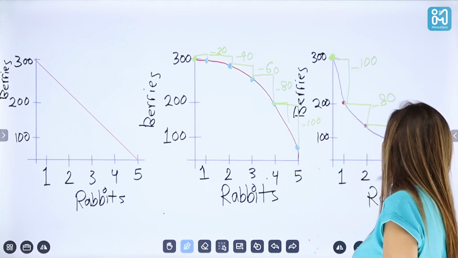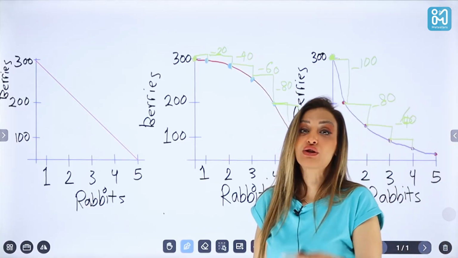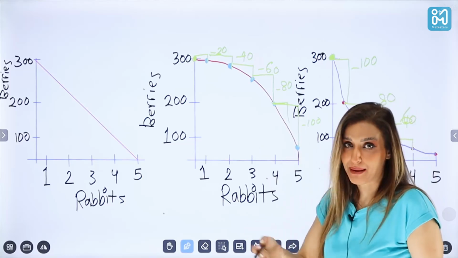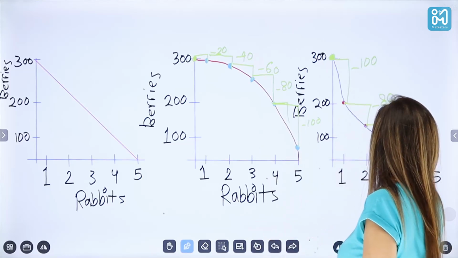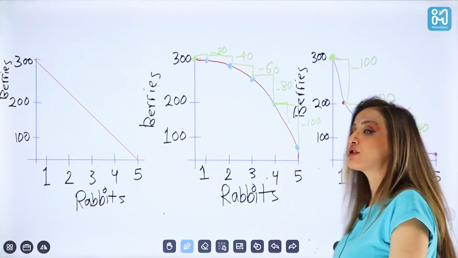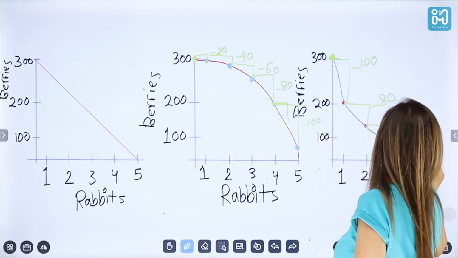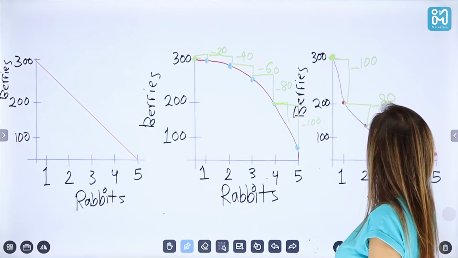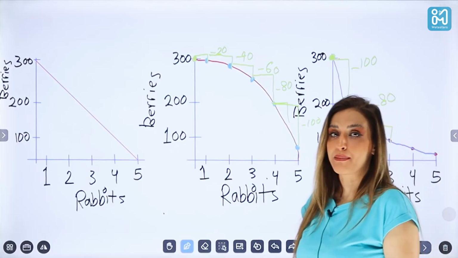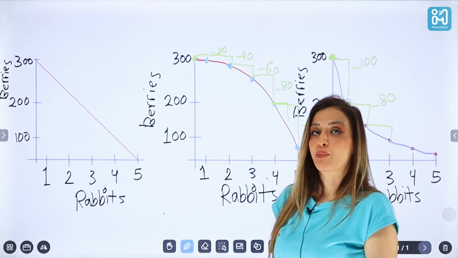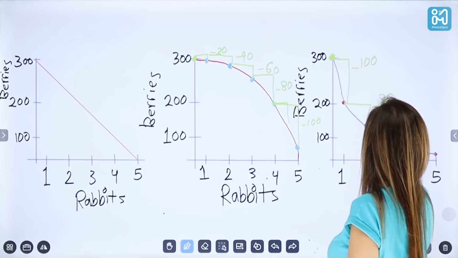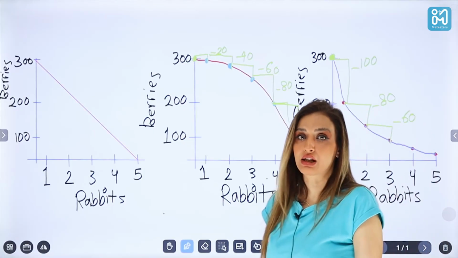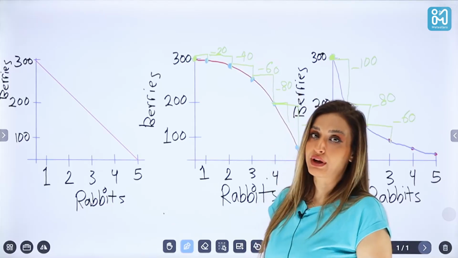If you decided to have 3 rabbits, then your opportunity cost is going to be 60. If you decided to have 4 rabbits, your opportunity cost is going to be 40. If you decided to have 5 rabbits, your opportunity cost is going to be 20. So if you decided to have 3 rabbits, you sacrificed 60 berries in order to have 3 rabbits.